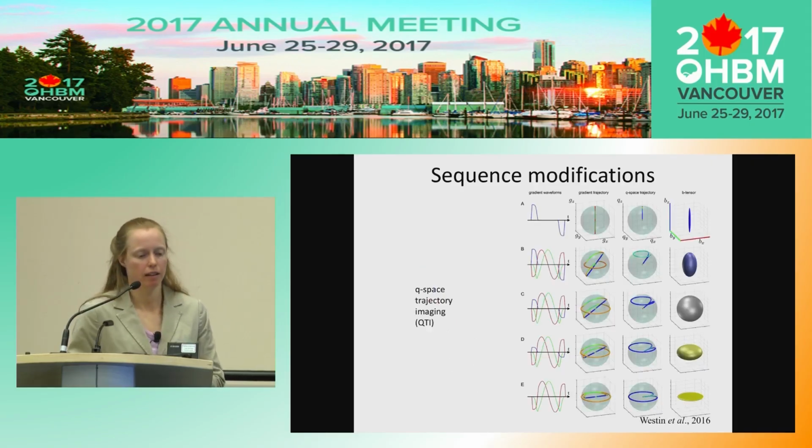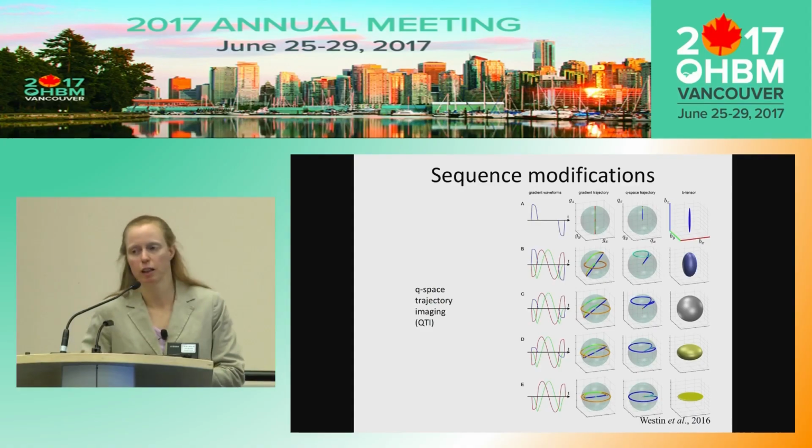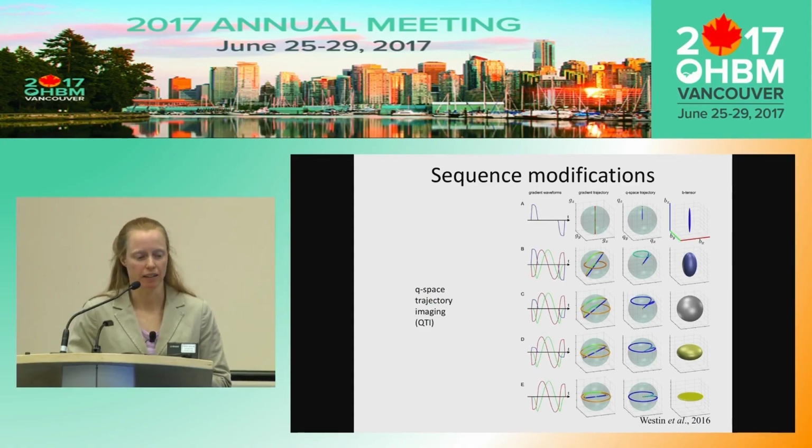So the logical extension of this is that you can have B tensors of pretty much arbitrary shapes and sizes achieved by gradient waveforms that you see in the left column that deviate significantly from all of the gradient waveforms I've shown you so far today. So let's just conclude that we've just scratched the surface of what we can do with our diffusion encoding.